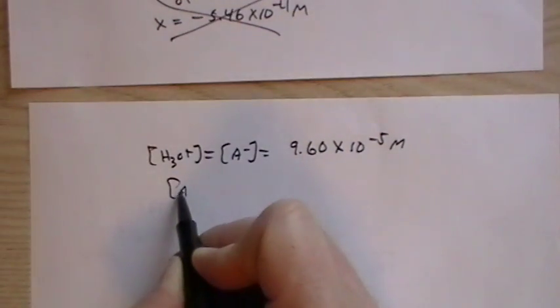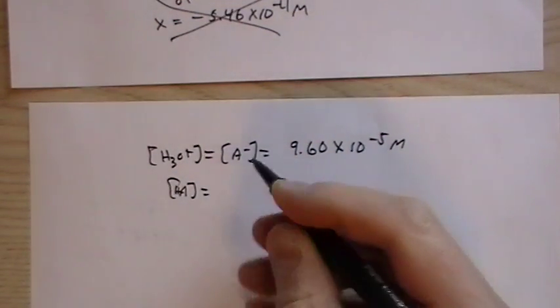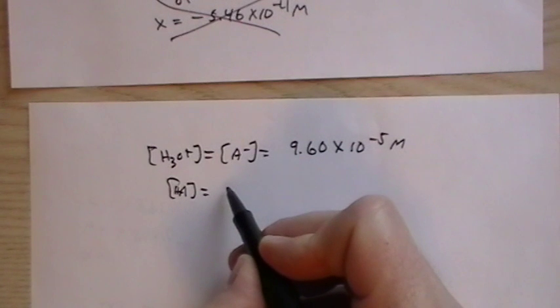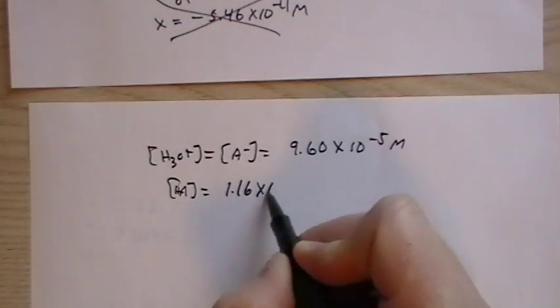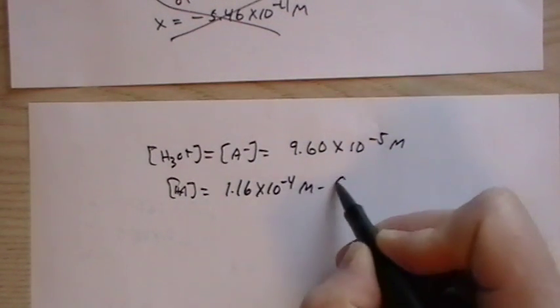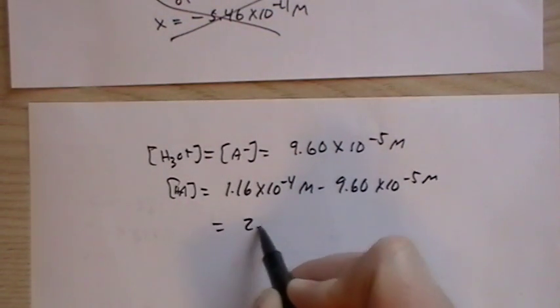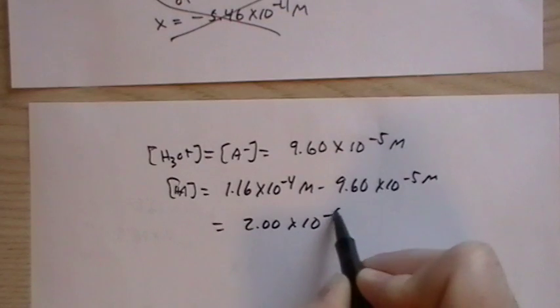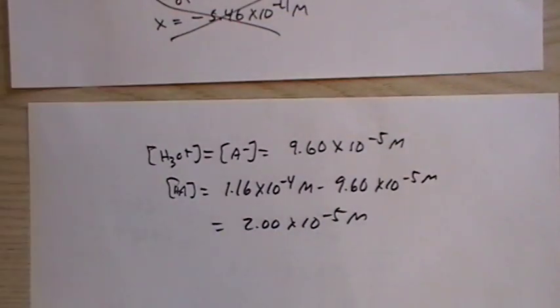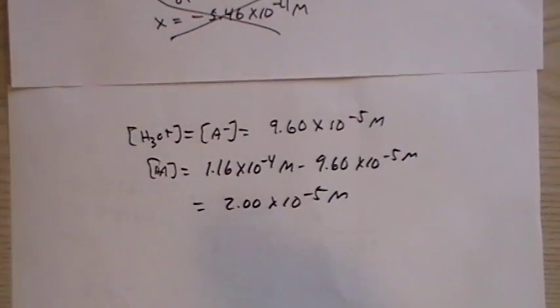The concentration of the acid at equilibrium, the full acid, is 1.16 times 10 to the minus 4 molar minus 9.60 times 10 to the minus 5 molar, which is equal to 2.00 times 10 to the minus 5 molar. You can see the substantial difference, and that's why we couldn't use the approximation.